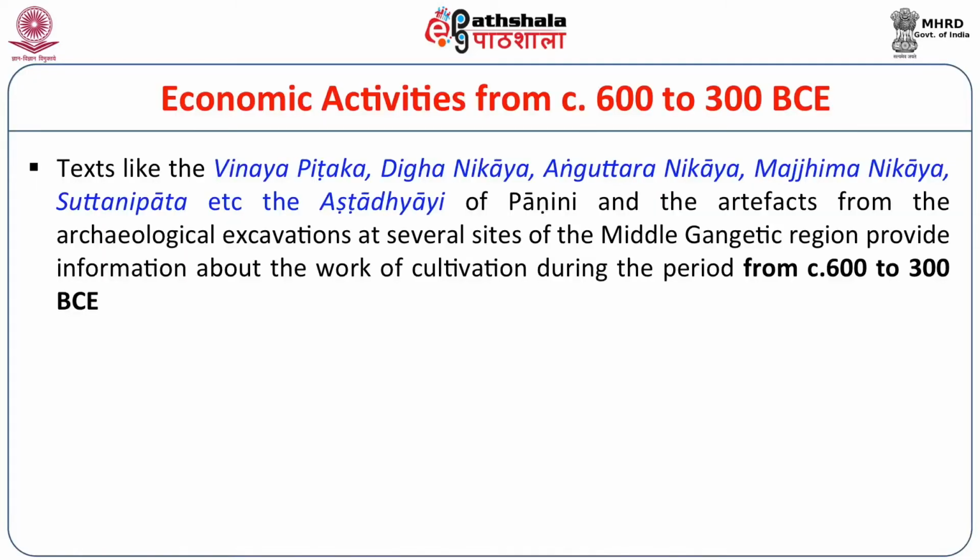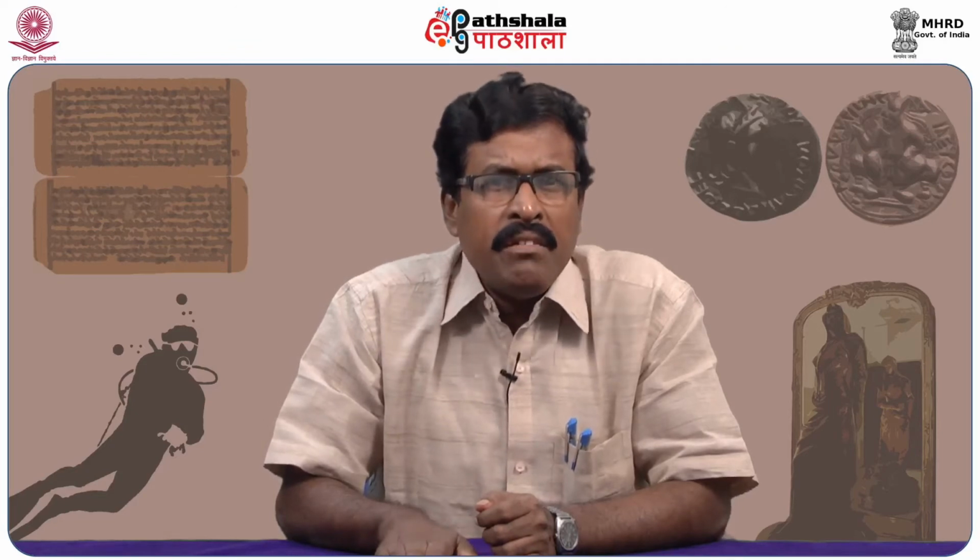So, Ashtadhyayi of Panini and the artifacts from archaeological excavations at several sites of the Middle Gangetic region provide information about the work of cultivation during the period from 600 to 300 BCE. As we have already told you, human beings' economic activities are concerned mainly with agriculture and non-agricultural parts.